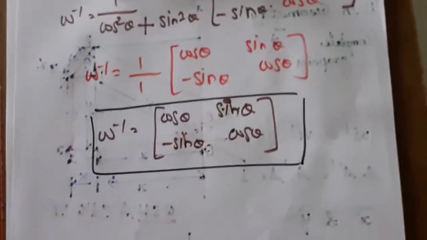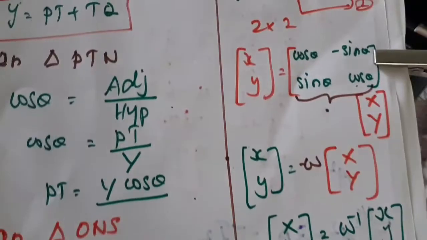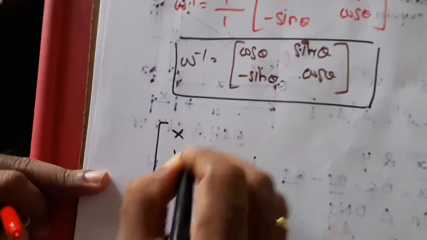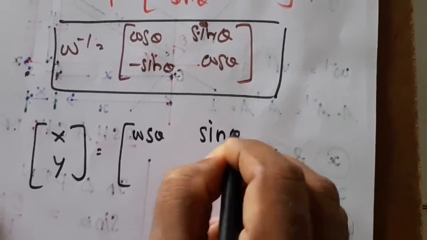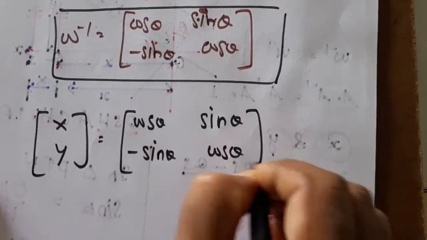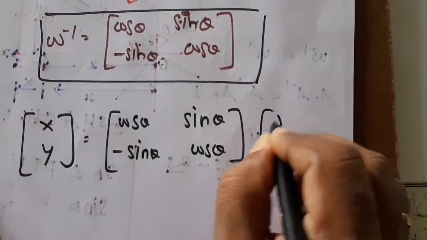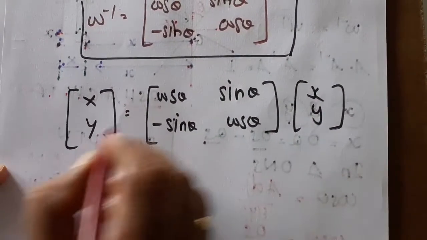So with the inverse of the term, what we need to find out is capital X and capital Y. So apply it. Capital X, capital Y is equal to the inverse of the term, which we can write as cos theta, sin theta, minus sin theta and positive cos theta, into small x, small y. Therefore, how to find capital X?